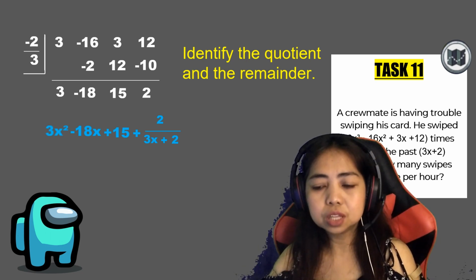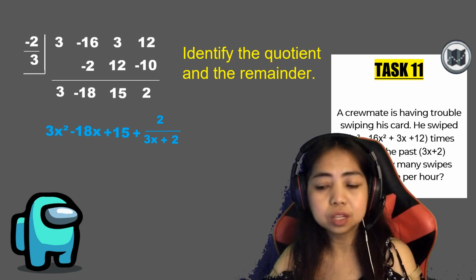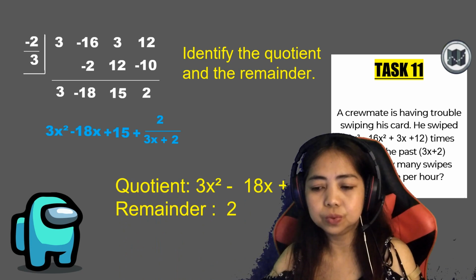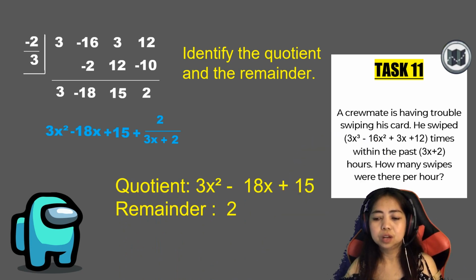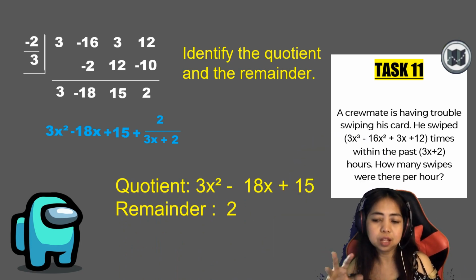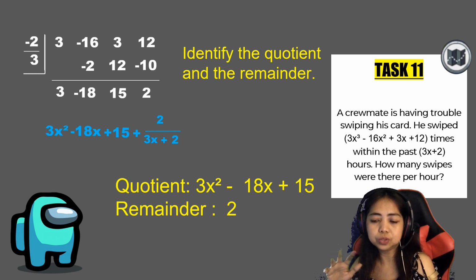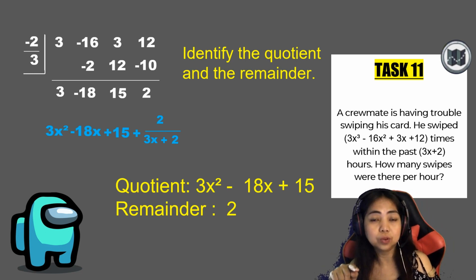So, our quotient is 3x squared minus 18x plus 15 plus 2 over 3x plus 2. Pwedeng isulat ng ganon or pwedeng nakaganyan. Identify the quotient, pero huwag kakalimutan ilagay yung ating remainder na 2.